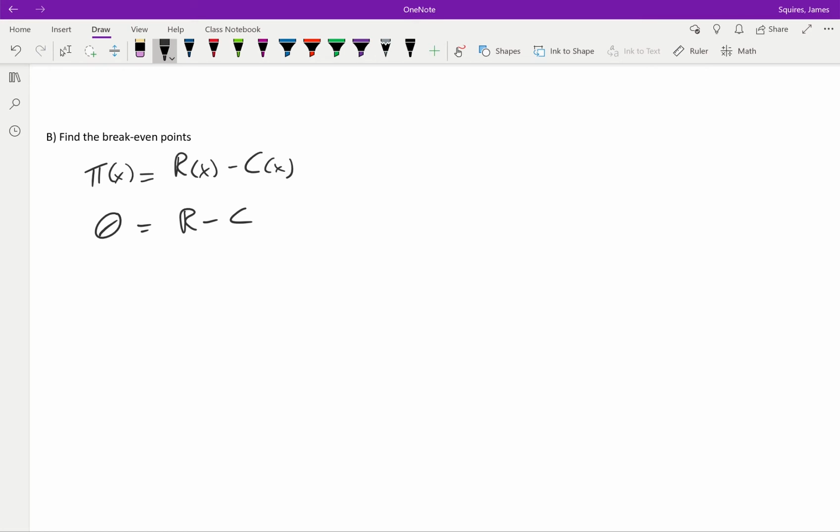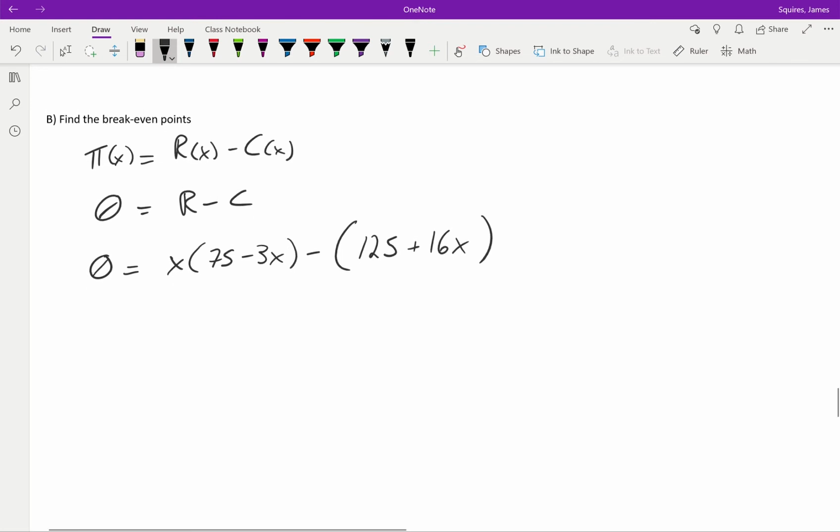We're going to have 0 equals x times (75 minus 3x), that was our original revenue function, minus our cost function, which is 125 plus 16x. So we need to do some work. This is the profit function, so let's simplify this a little bit.